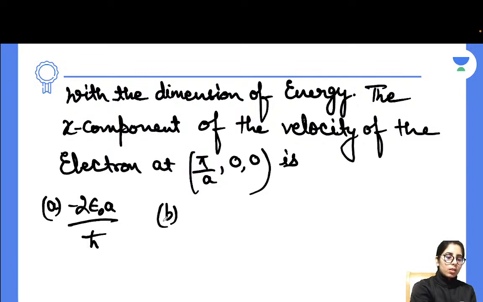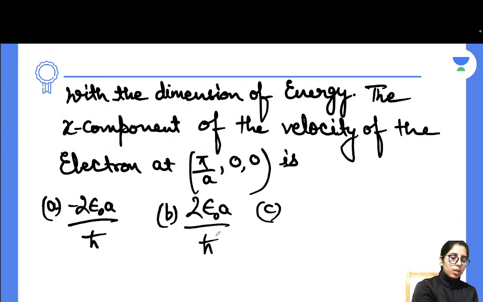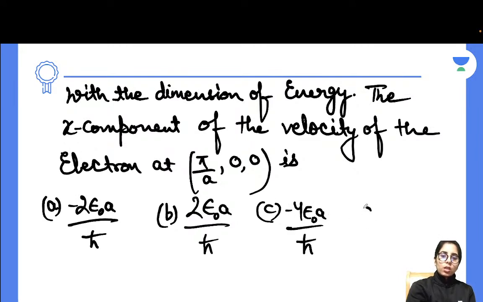Option B is 2 epsilon naught a by h cut. Option C is minus 4 epsilon naught a by h cut. And option D is 4 epsilon naught a by h cut. That's what we are going to have.